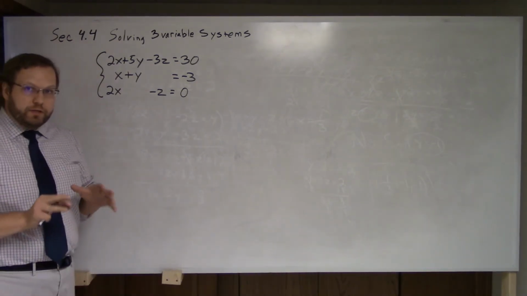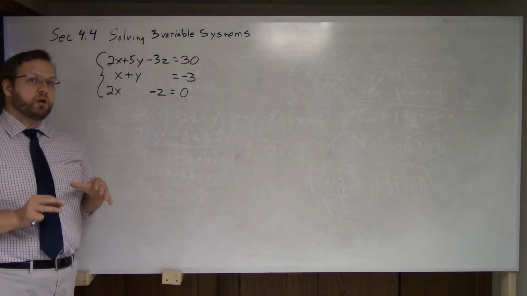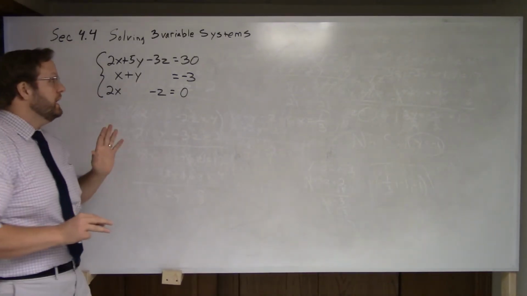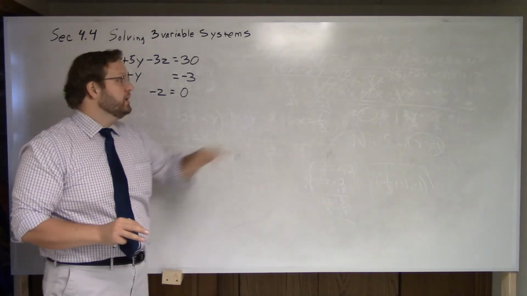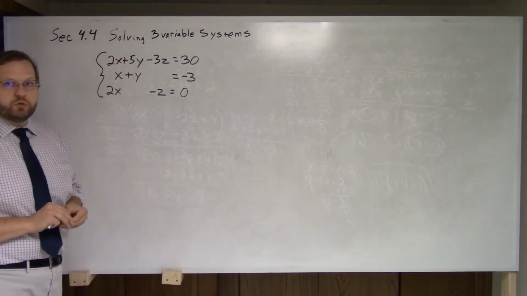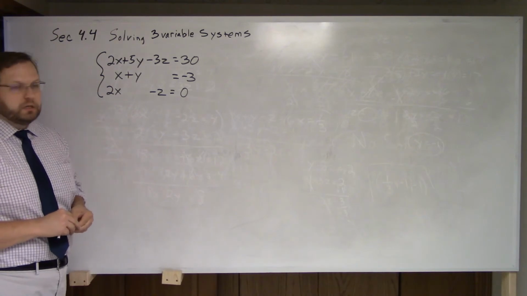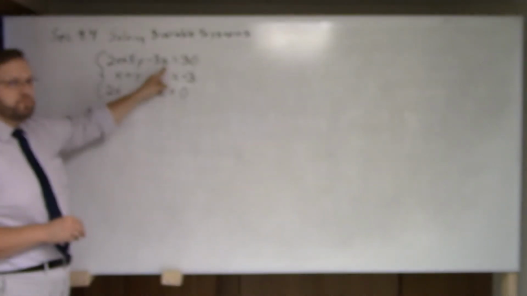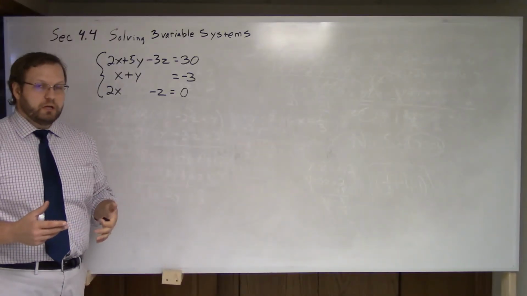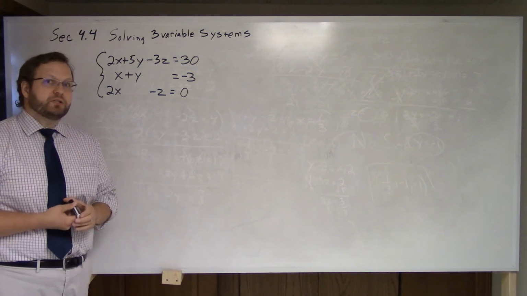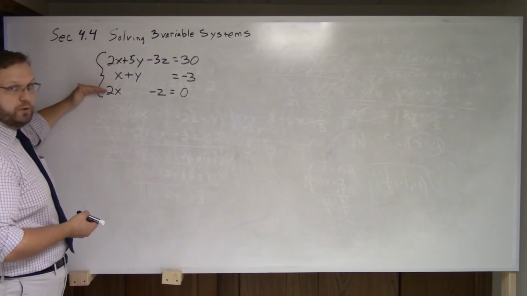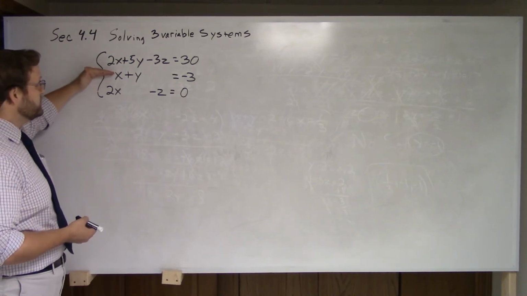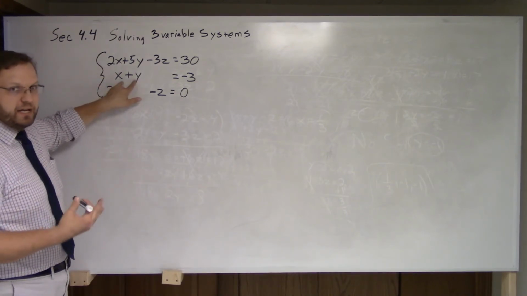Now, again, we don't have a full system here, so we are going to pick one of the equations and push it off to the side to be used in the second phase. Okay? However, which of these equations do we not want to hold on to? We definitely don't want to hold on to this first one because there's 3 variables in there. We're looking for an equation that has 2 variables. So we could pick either this one or this one. I'm going to stick with this one simply because it's a nice, clean x plus y.